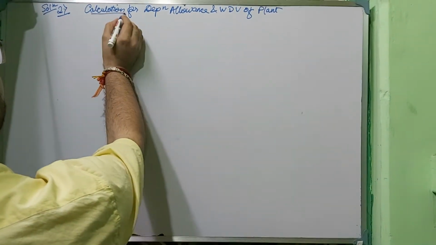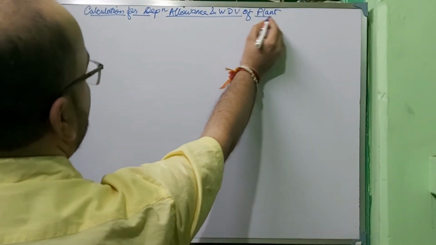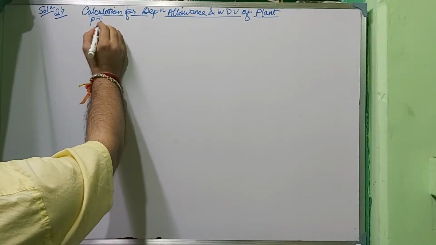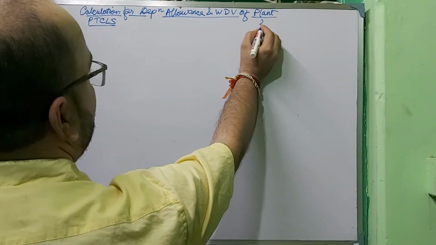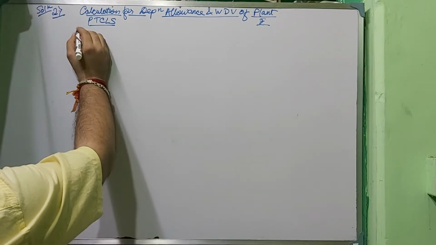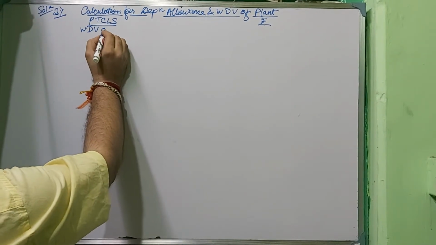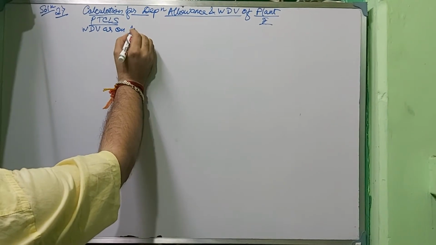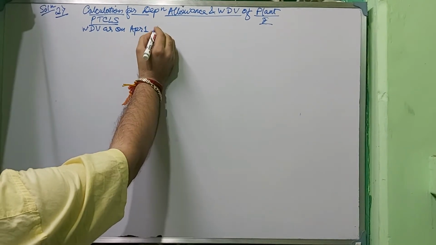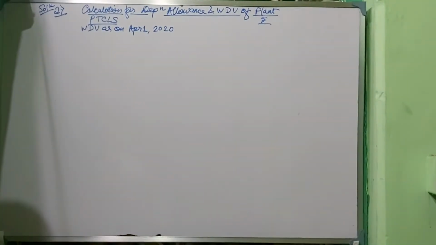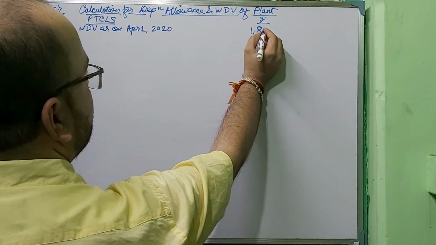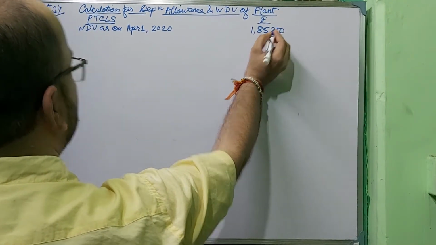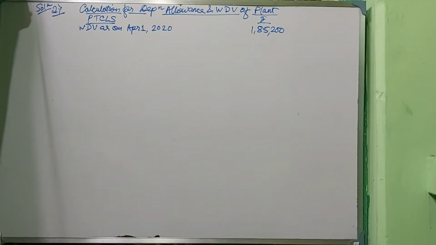Particulars have been mentioned, and also one amount column. WDV as on April 1, 2020 has been provided as rupees 1,85,200. It is given in the sum, and you all know what you have to do.